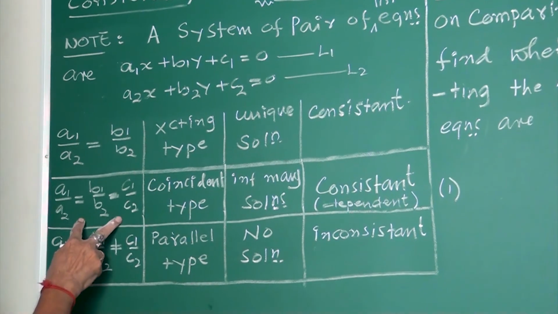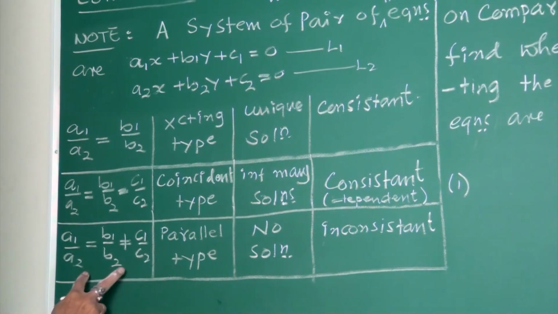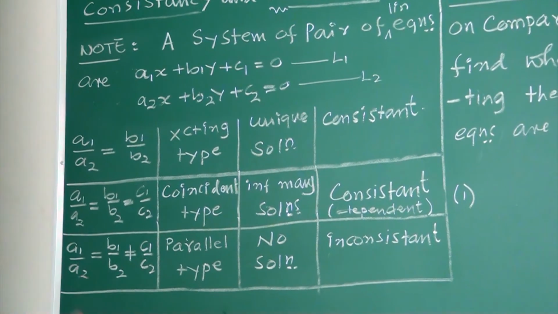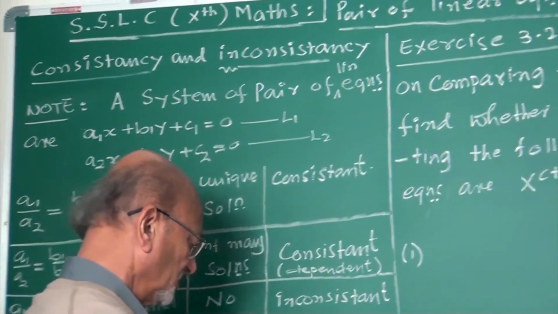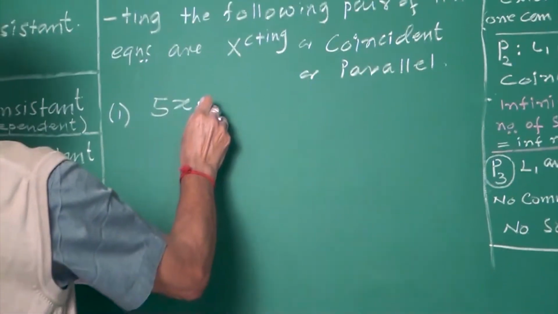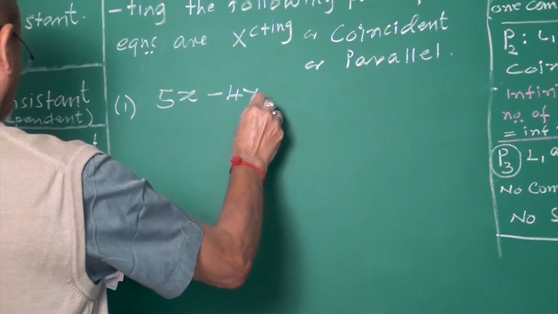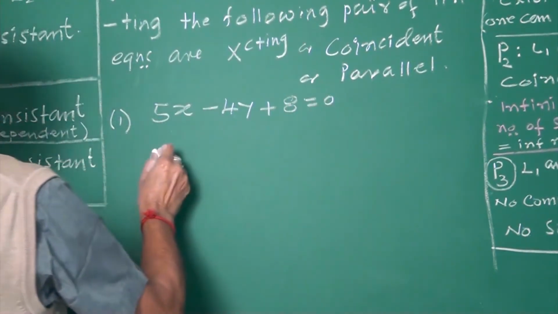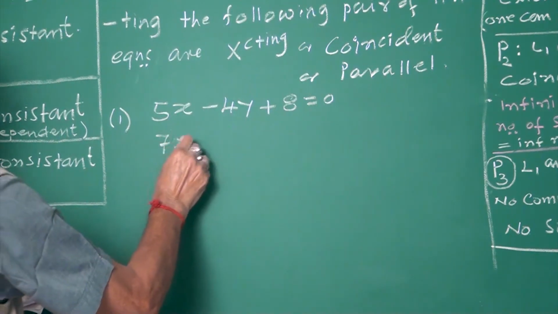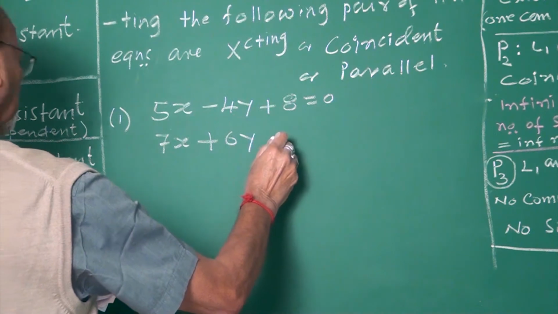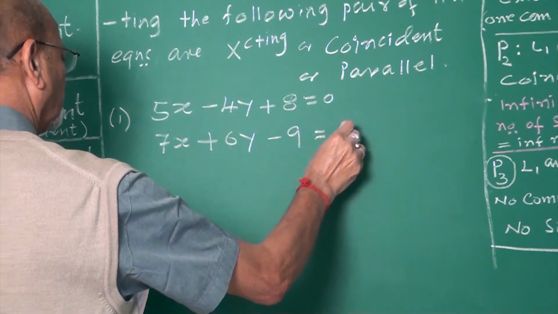Coincident means all the ratios are equal. Parallel means the first two are equal, not equal to the third one. The system of equations are 5x minus 4y plus 8 equal to 0. This is the first equation. 7x plus 6y minus 9 equal to 0.